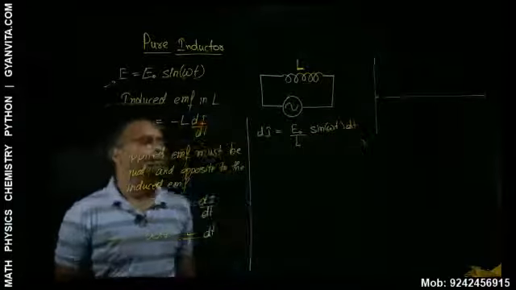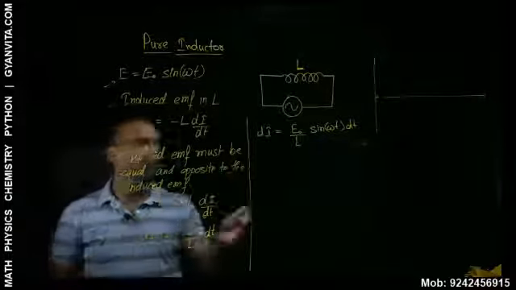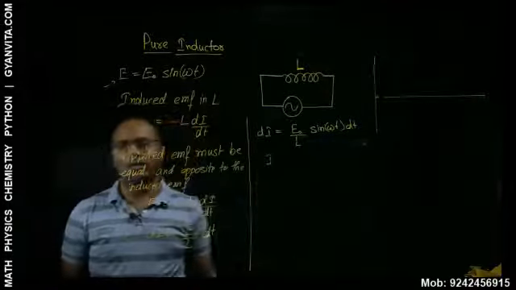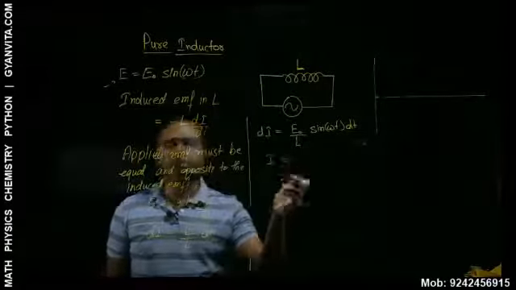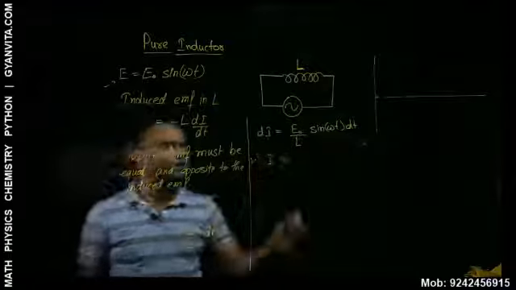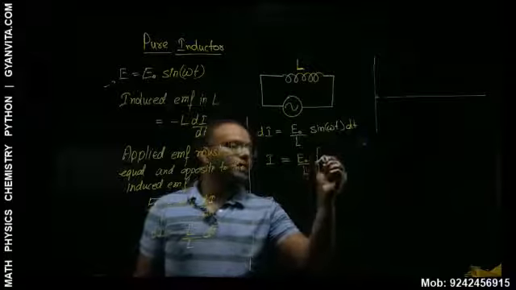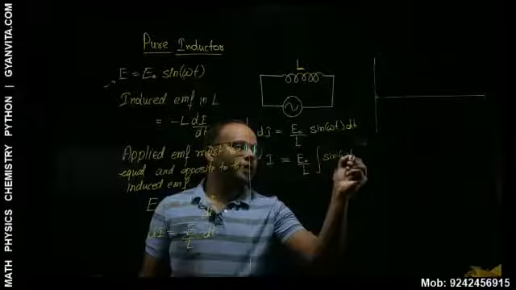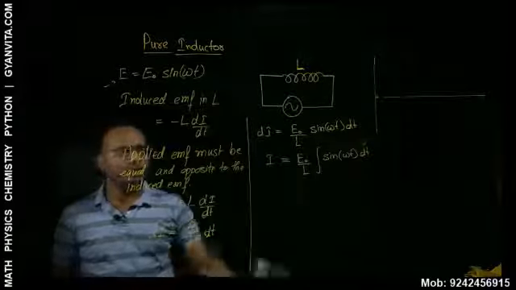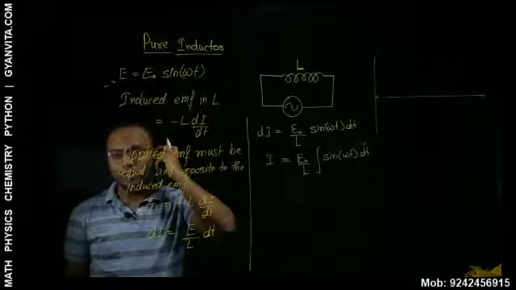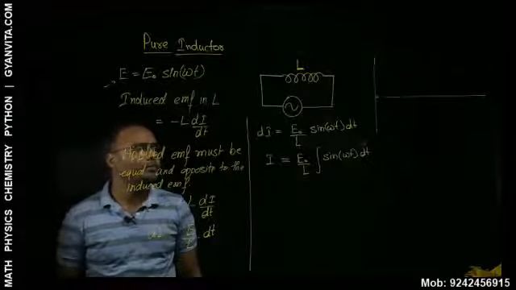So now in this, E naught and L are constant, so that will come out. And if I have to find the total current, it will be the integration of E naught by L sine omega t dt.